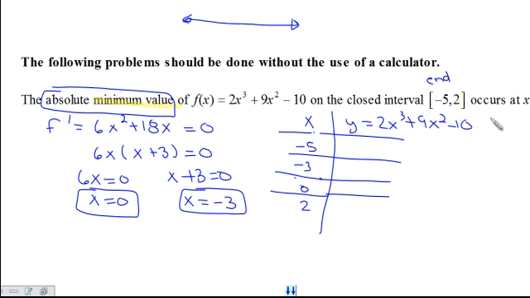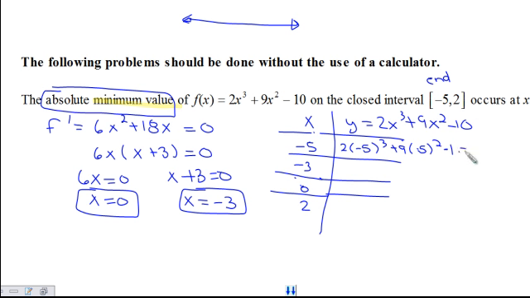Now, remember, I don't have the use of a graphing calculator or a calculator with me. So I'm going to try to estimate these numbers to see which one's the biggest and which one's the lowest. I actually just need to find which one's the lowest. So I'm going to have 2 times -5 to the third plus 9 times -5 squared minus 10.